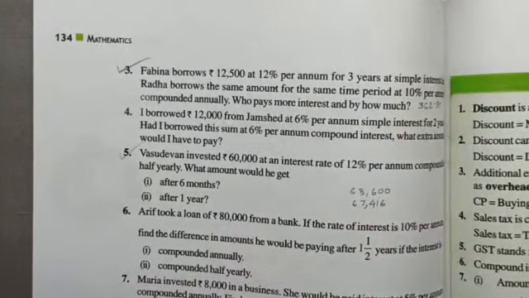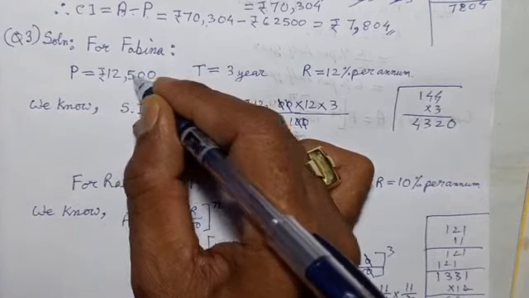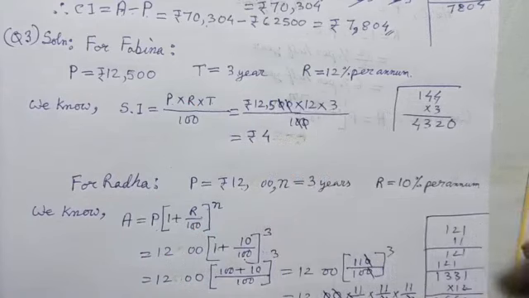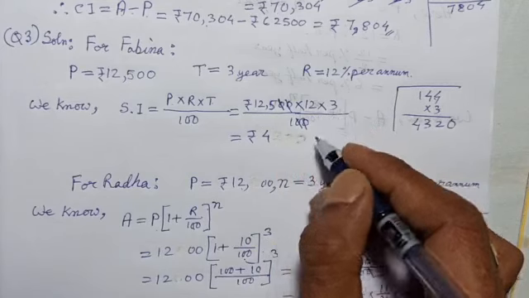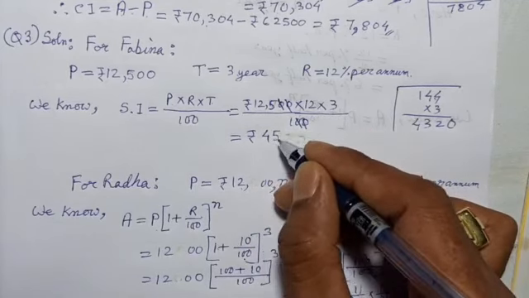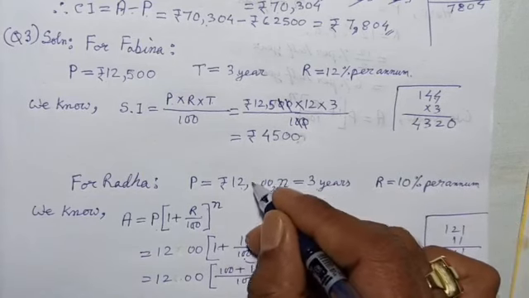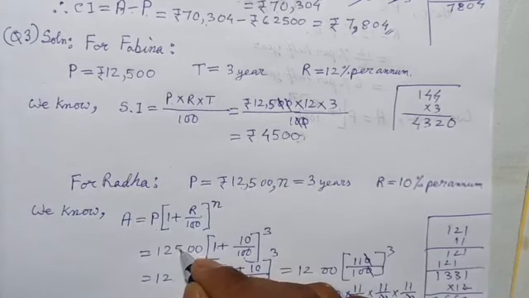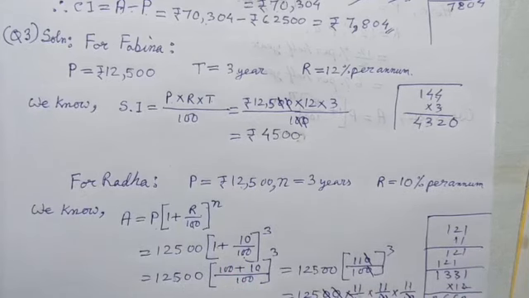So this becomes 5, and if we multiply 125 into 12 into 3, then we are getting 4,500. Next, this also is 5, and these two zeros are cancelled.